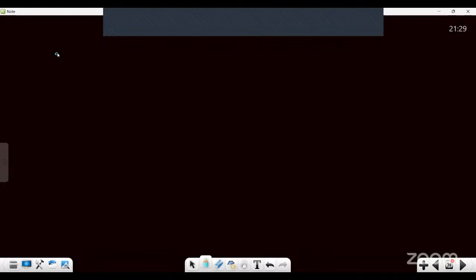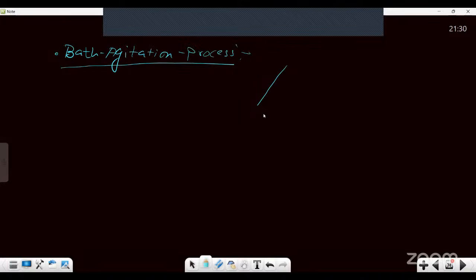Another process that I should discuss is what we call the bath agitation process. Now, this process is just the same as the LD process, nothing much, just one addition. This is the lance, this is the converter. This is the oxygen lance through which we are passing the oxygen.